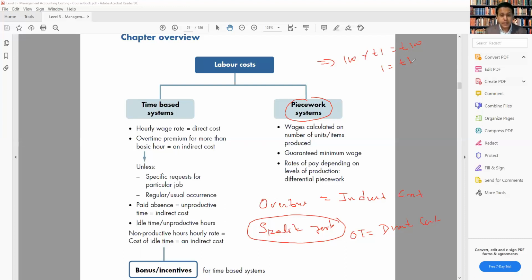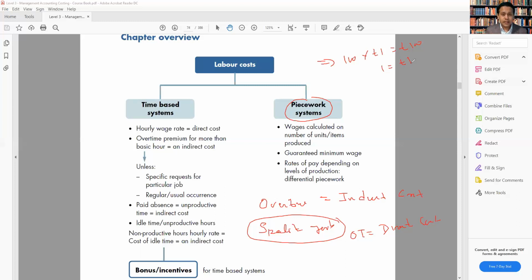The piecework system is where the payment depends on the number of outcome, number of result, number of units you have produced, rather than how many hours you used. The more you make, the more the payment will be.